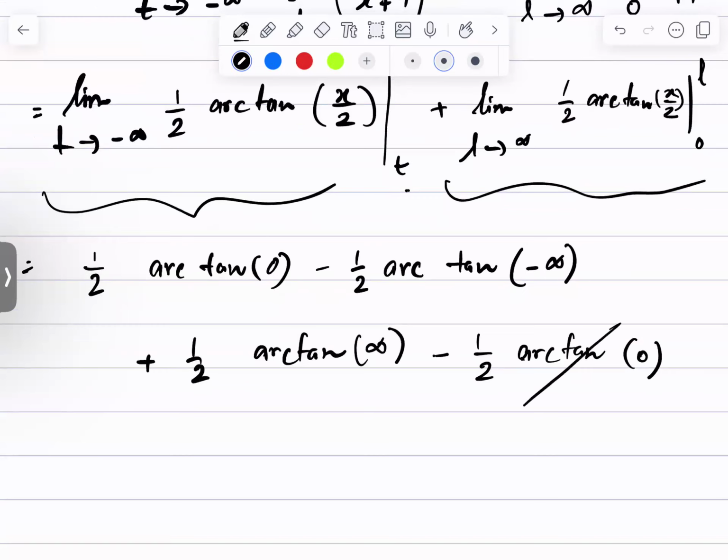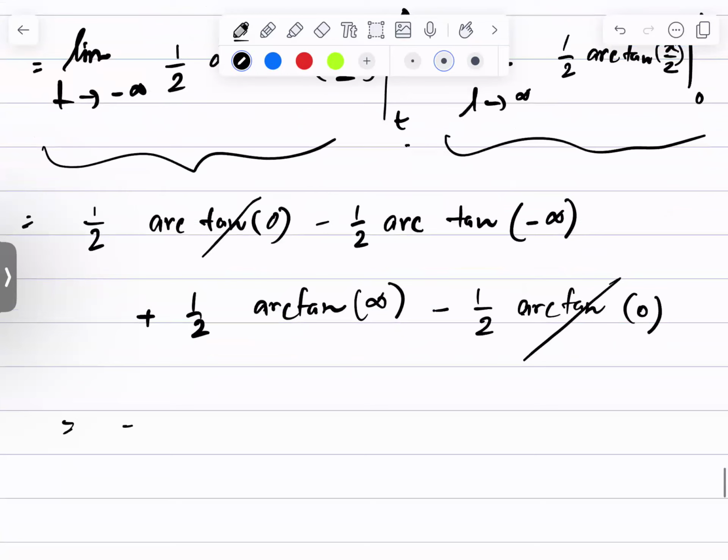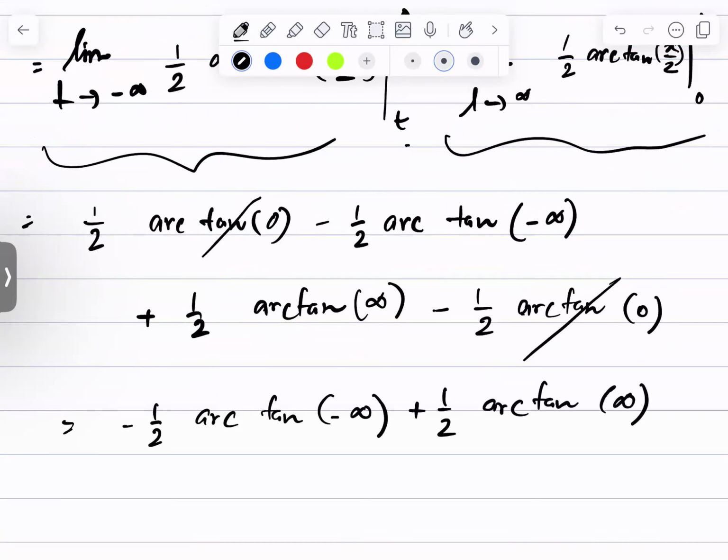And then basically this and this cancel out and give you minus half arctan of negative infinity plus half arctan of positive infinity.